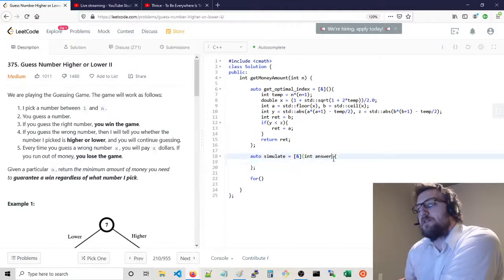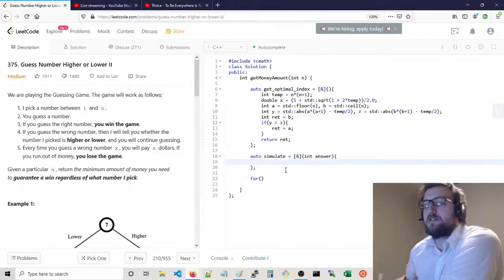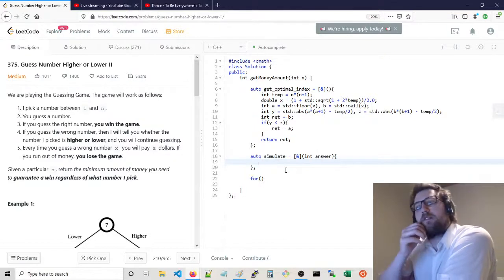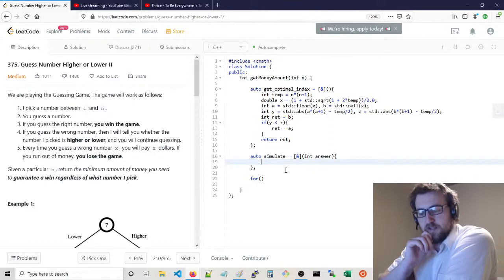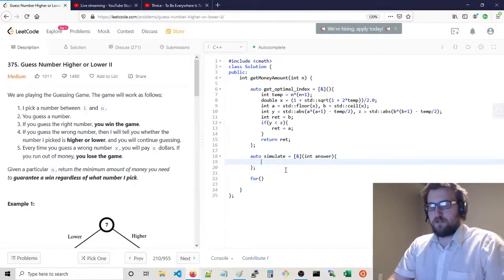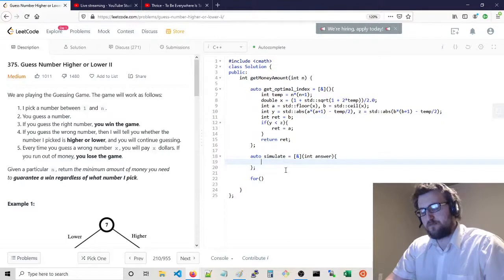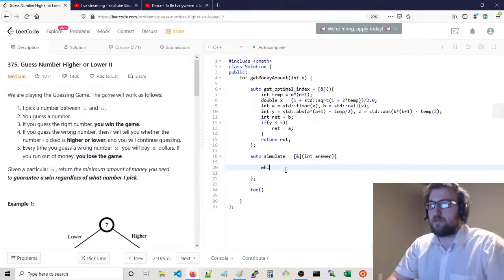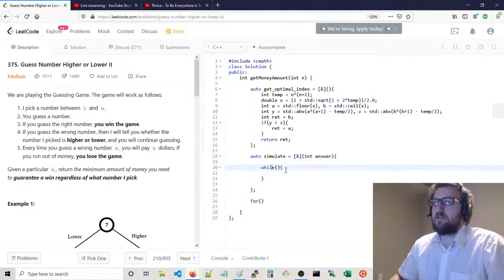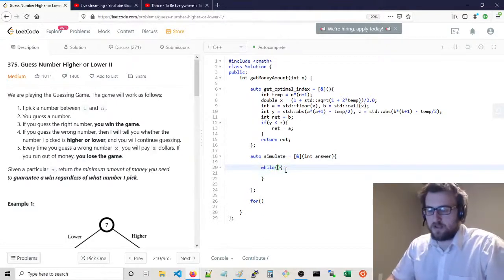We simulate with a certain answer, and we're going to loop over all those particular answers for the simulation for N. And the way we simulate is basically a while loop.